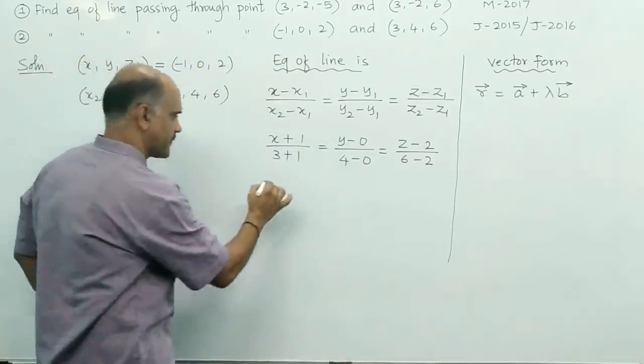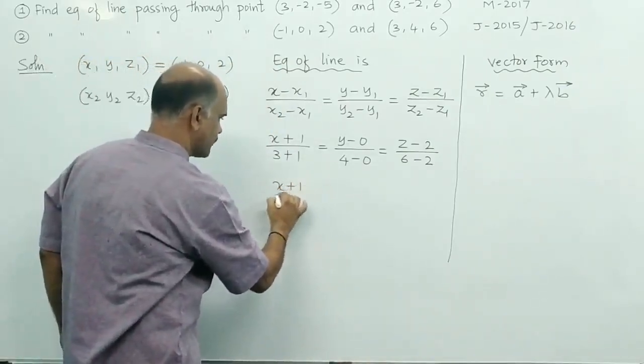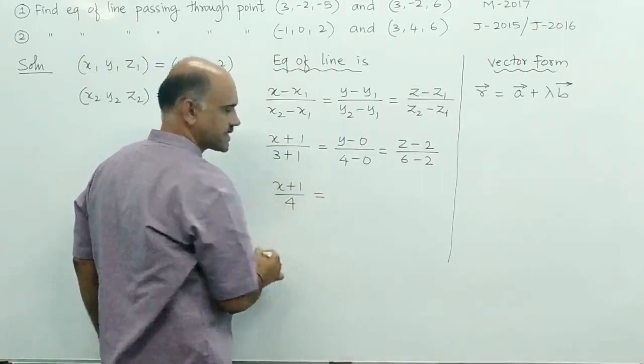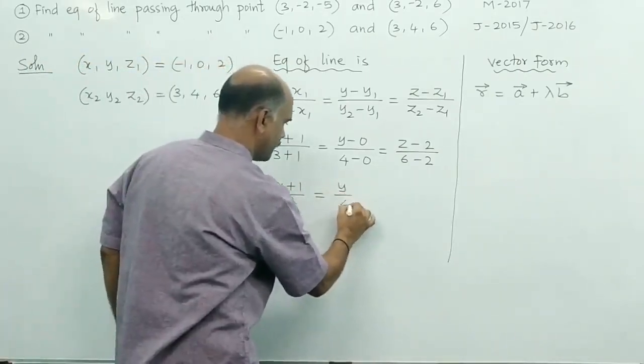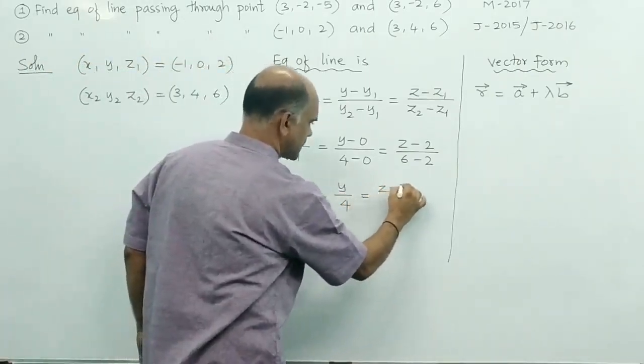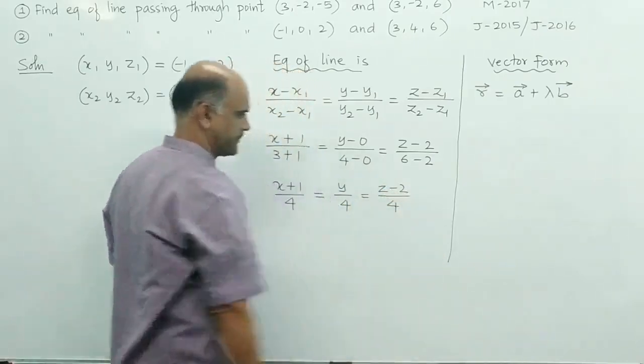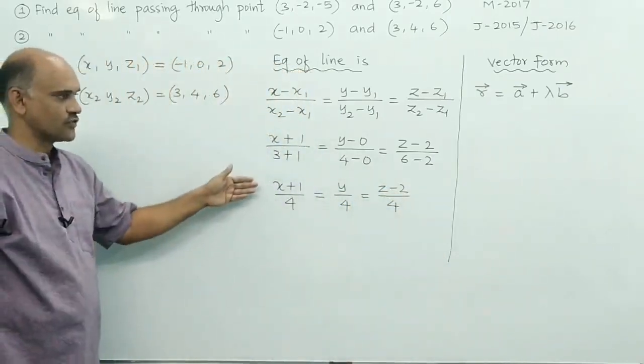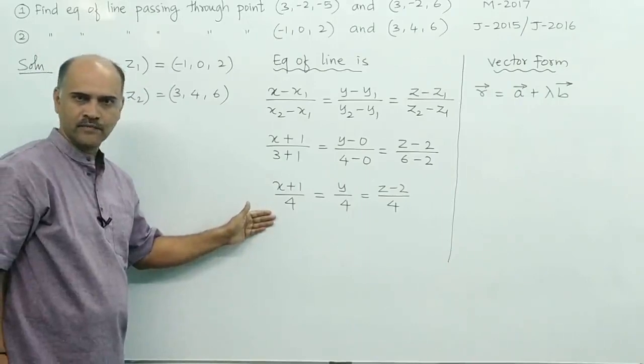So now if you simplify, (x plus 1)/4 = y/4 = (z minus 2)/4. So this is the Cartesian form.